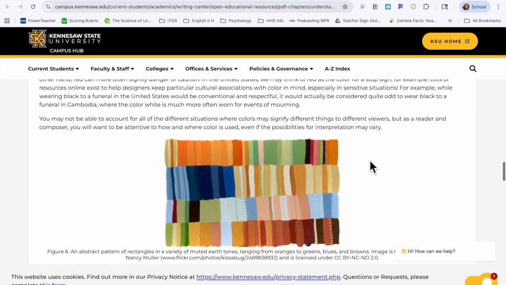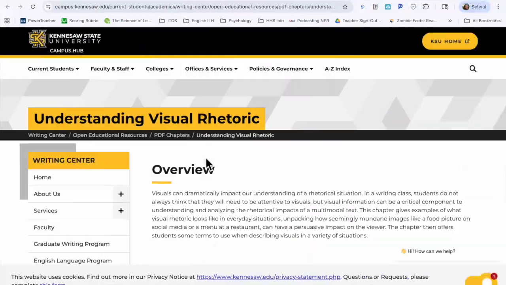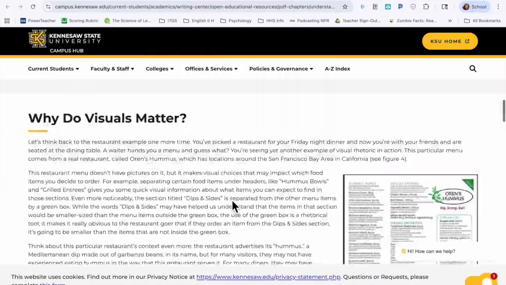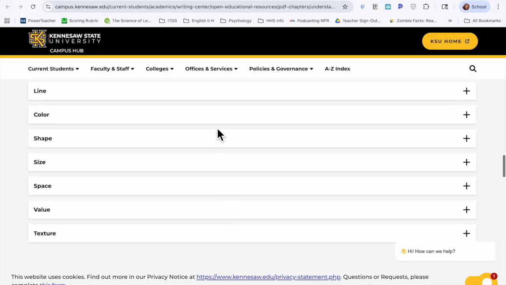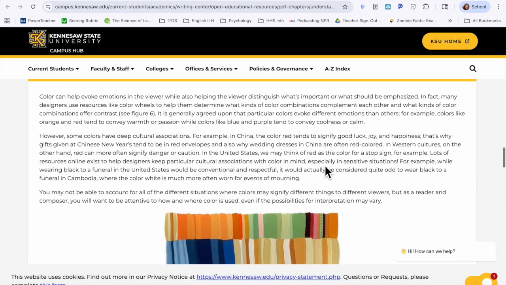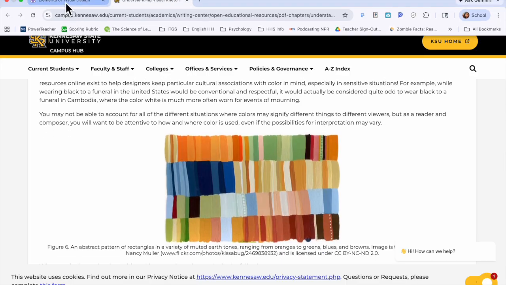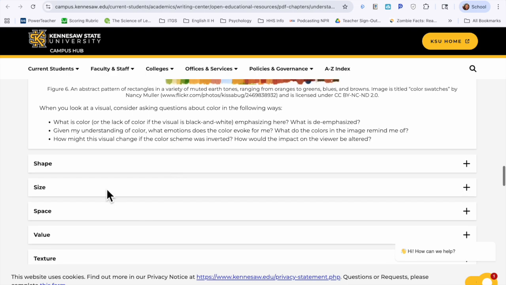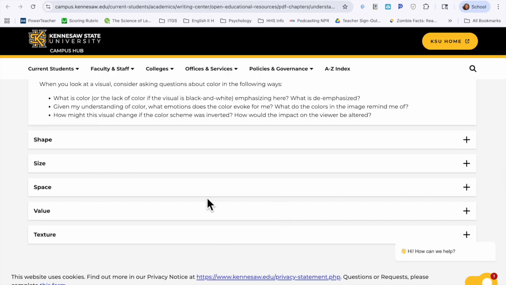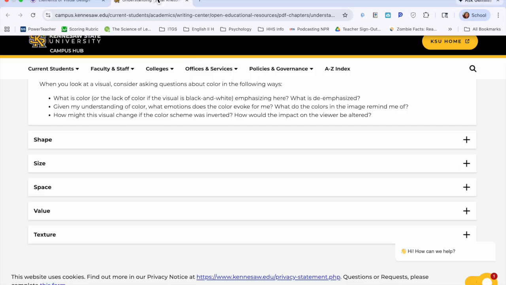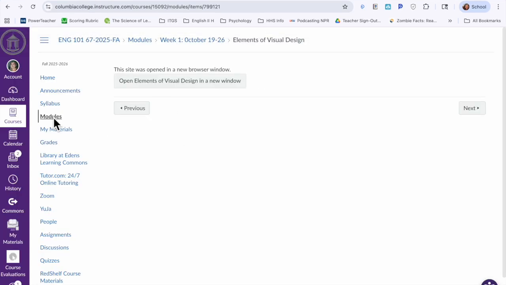Color, how important is color? And y'all, as I was saying, there is something very, very important about color in design. So pay attention to the colors and the context that those are used in. And you can see that there are a few more things. Shape, sizes, space is very important there. You wouldn't necessarily have texture in your image, but maybe you could really see some textures. So that would be pretty cool.